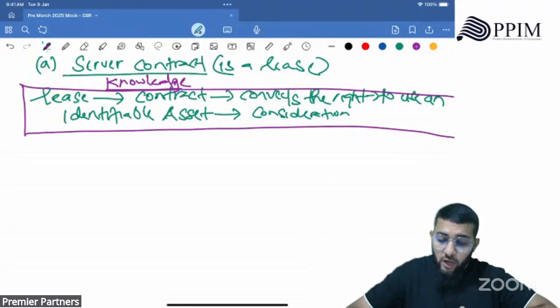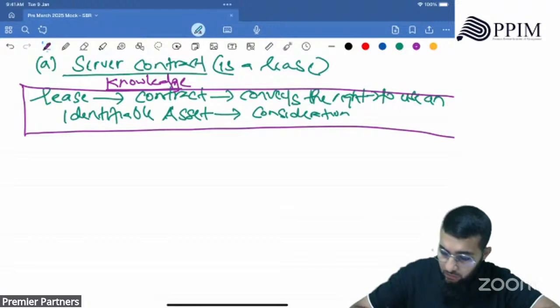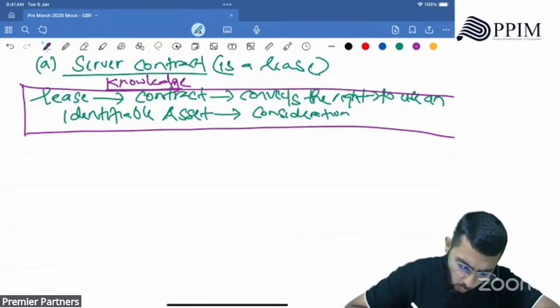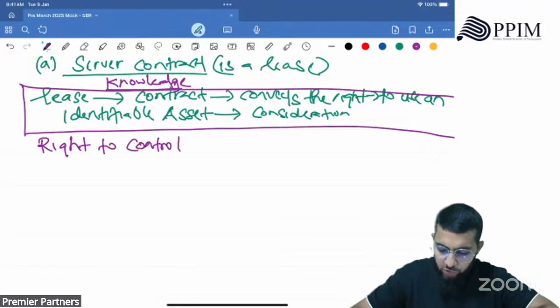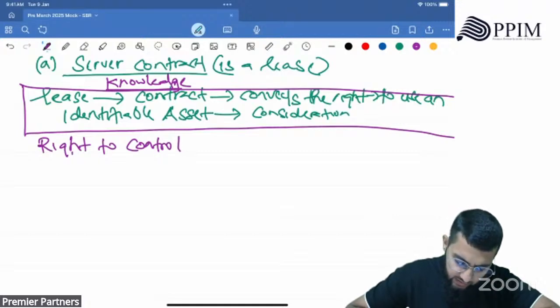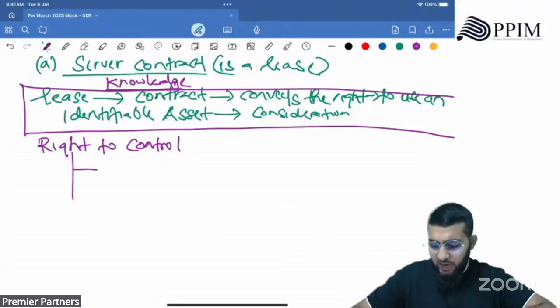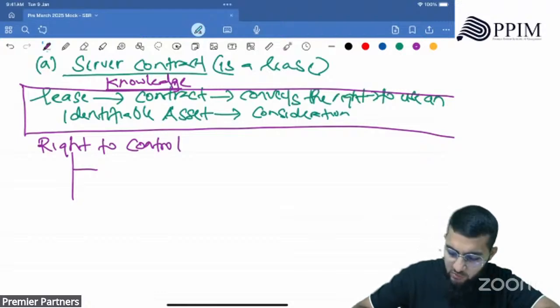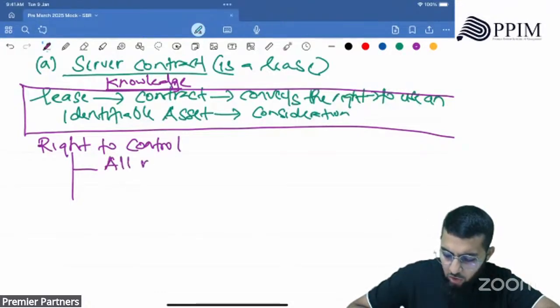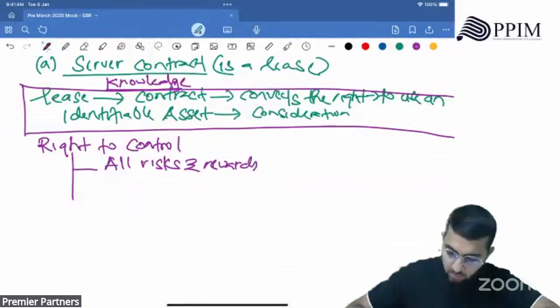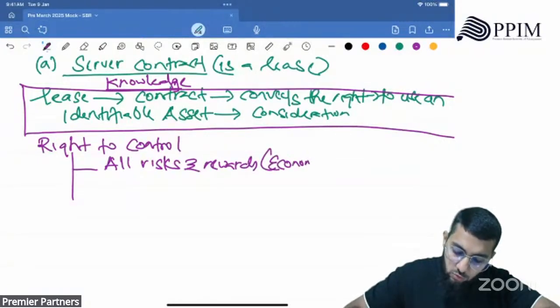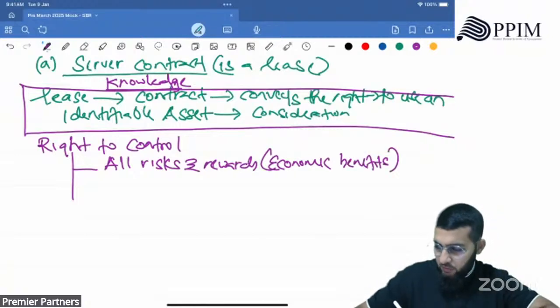Right. Now you have to explain why the right to control exists. The IFRS 16 says the right to control is when all risks and rewards, economic benefits from using the asset, can be derived, right?